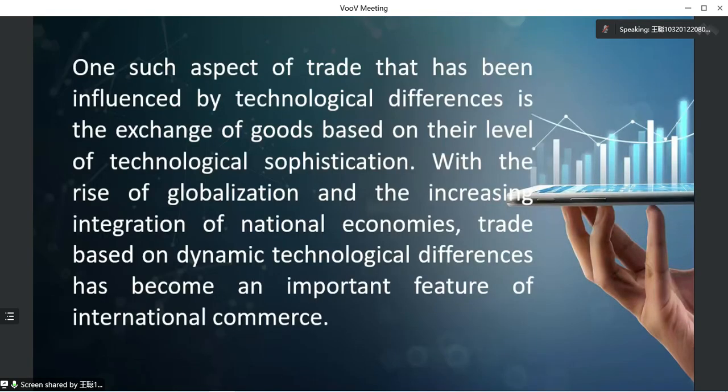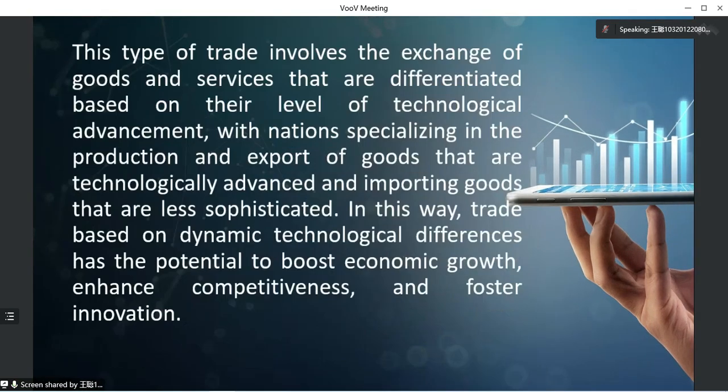One such aspect of trade influenced by technological differences is the exchange of goods based on their level of technological sophistication. With the rise of globalization and the increasing integration of national economies, trade based on dynamic technological differences has become an important feature of international commerce.